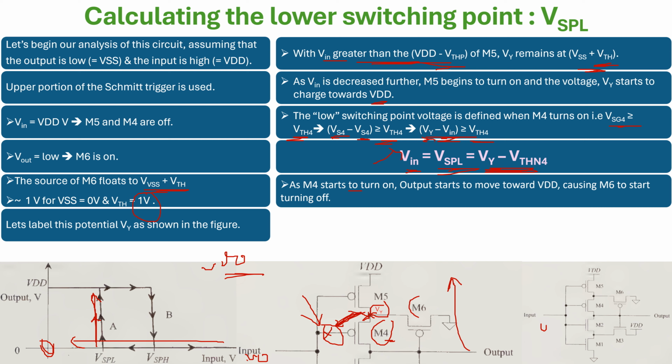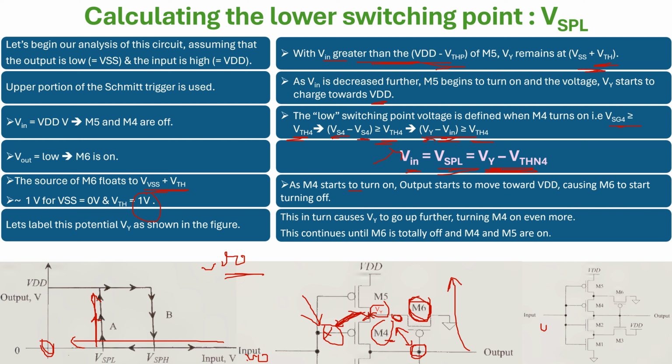Why does M6 turn off? Two ways you can look at it. One, this is going towards VDD. Otherwise, this is also going towards VDD. So VDD minus VDD is almost 0, and it's less than VTH, so naturally it moves towards turning off.